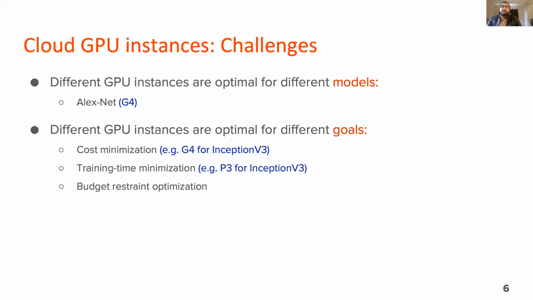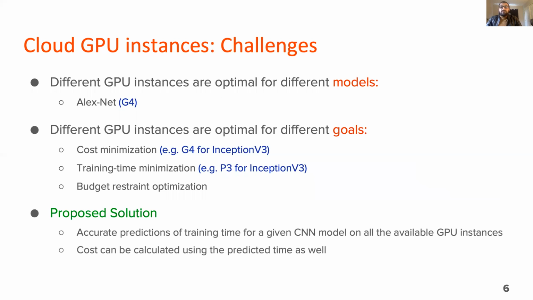Another possible scenario could be a limit on the budget for training, and we want to maximize performance staying within the budget. Given the above challenges, we propose that if we can accurately predict training time for a given CNN across all available GPU resources, we can predict the cost of training across all resources as well. These predictions can help in picking optimal resources for a given CNN and a given goal.